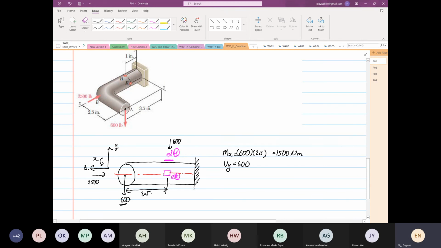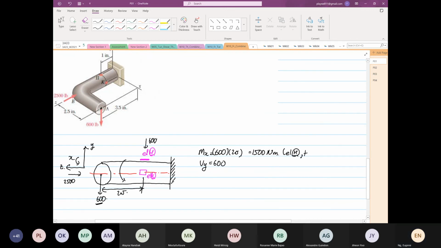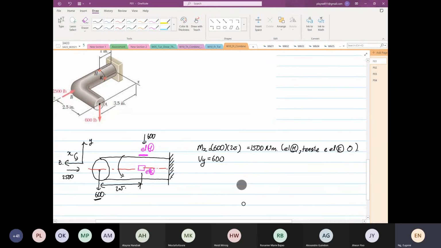But before we go on, we know that on element H, because the deformation is going this way, element H will be tensile, and element K will be zero, because it is at the centroid.